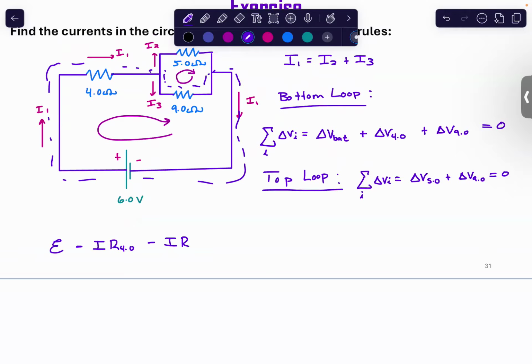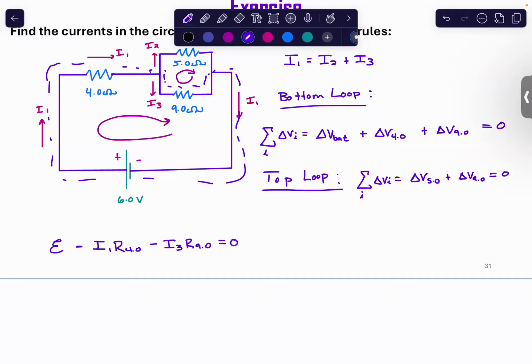And let's go ahead and put in the currents in here. So this will be I1. Because you're looking at the direction of the lower loop, I'm going clockwise around that.